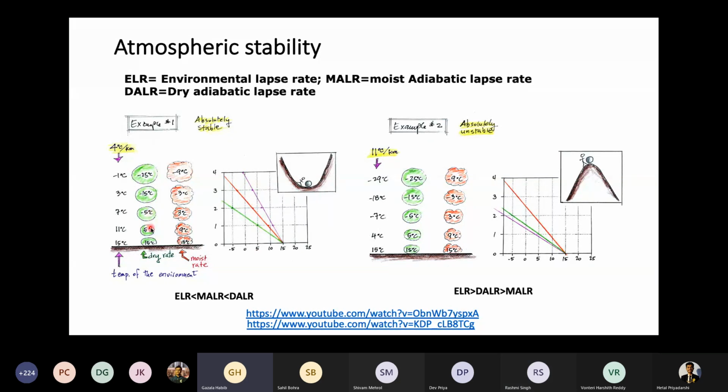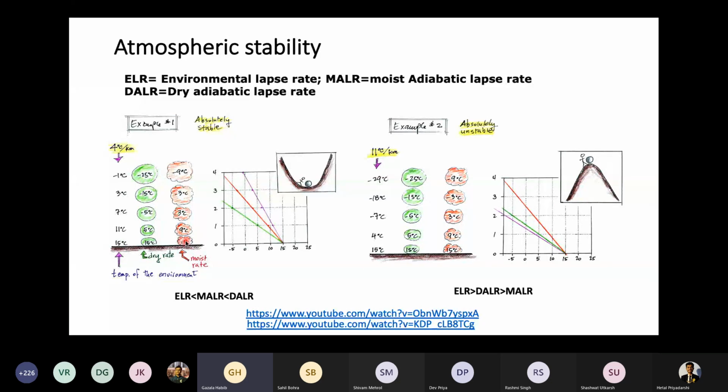Similarly, as the air parcel moves upward, the temperature inside the air parcel will remain lower than the surrounding air, and therefore it will be heavier. The air parcel will be heavier and it will restrict the movement of the air parcel in the upward direction. Even if the air parcel is wet and has some water, what will happen? Say the temperature of the air parcel at the ground is 15 degrees centigrade, the same as the ambient atmosphere near the ground.